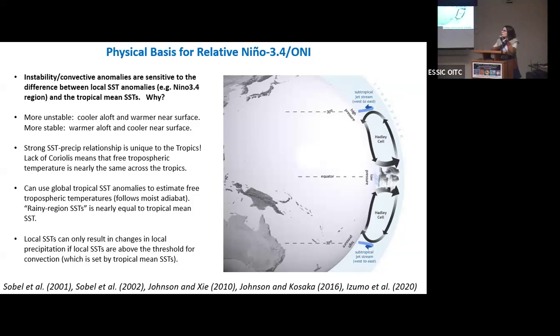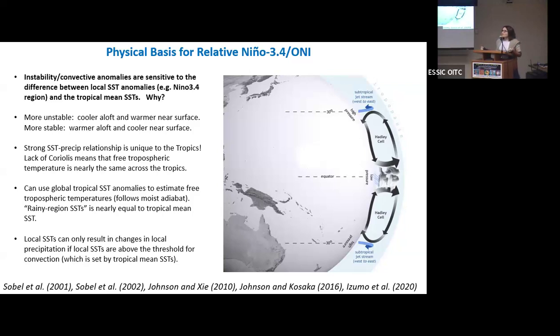The reason this works is because we have this strong SST-precip relationship in the tropics, and that is unique to it because there's a lack of Coriolis. So fairly quickly, not within a day, but within about a month, you pretty much see the tropical mean temperature smooth out over the whole tropics.